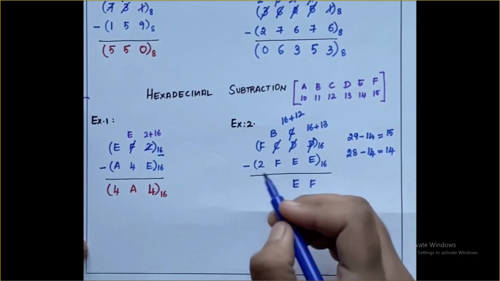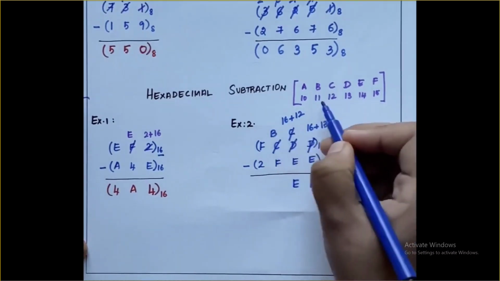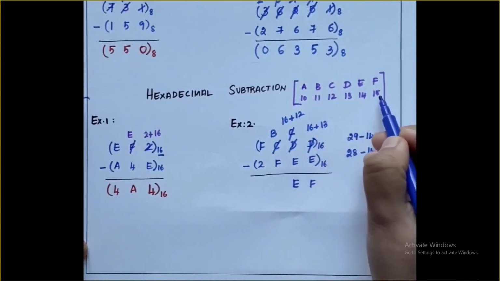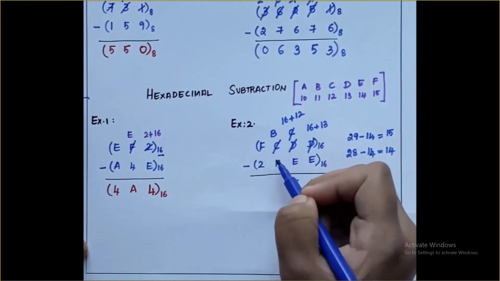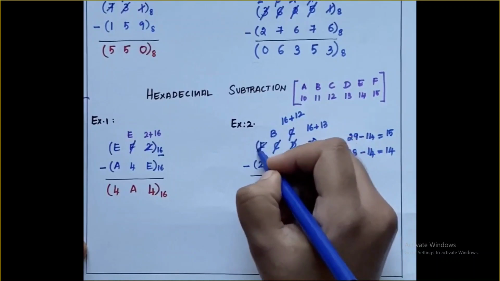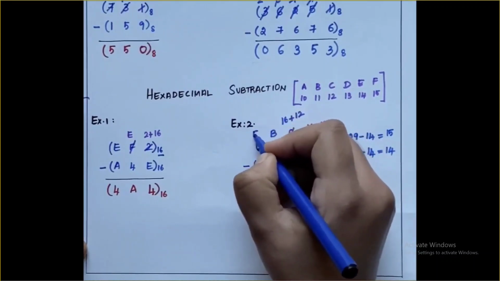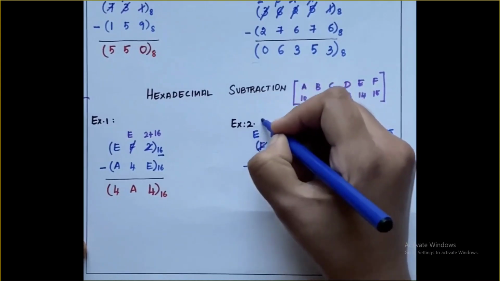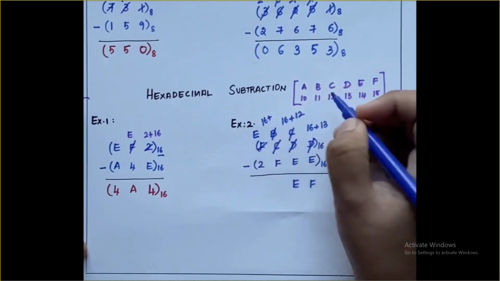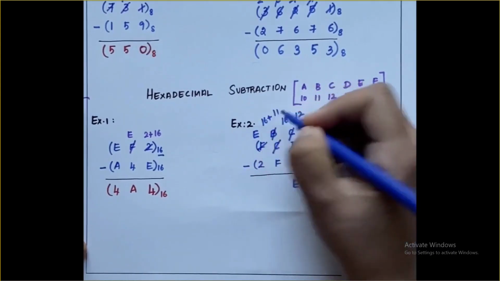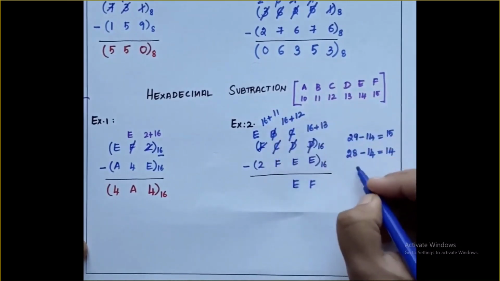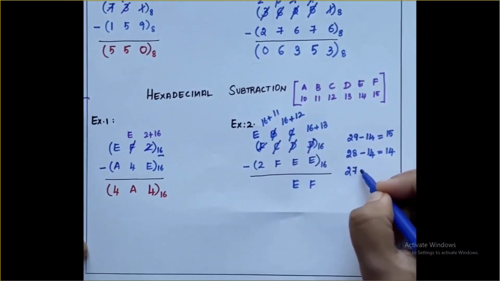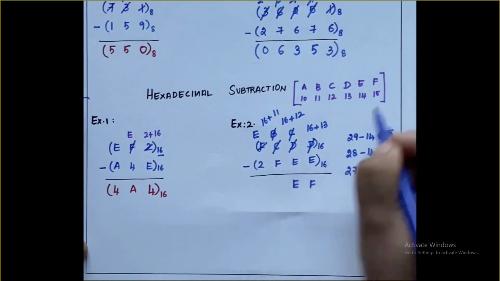Next B and F. B is 11, F is 15, which is less. So again we have to make a borrow. Instead of F we can take it as E by reducing by one. Next, in place of B we have 16 plus the B value which is 11. So 16 plus 11 will be 27, minus F value 15.